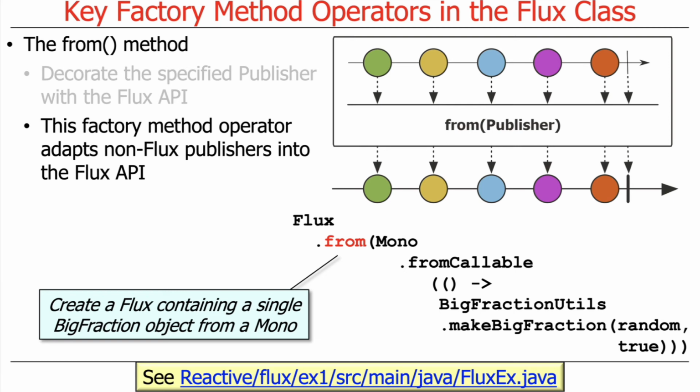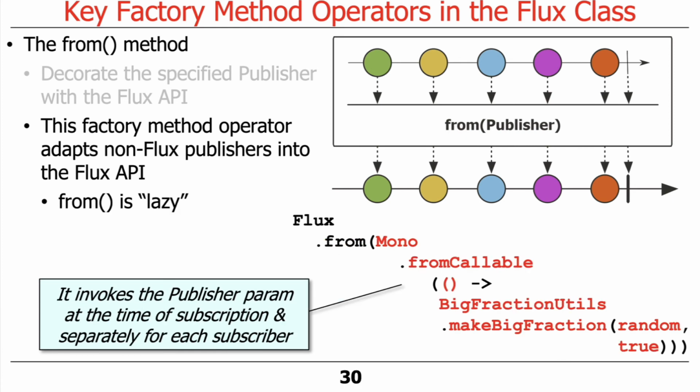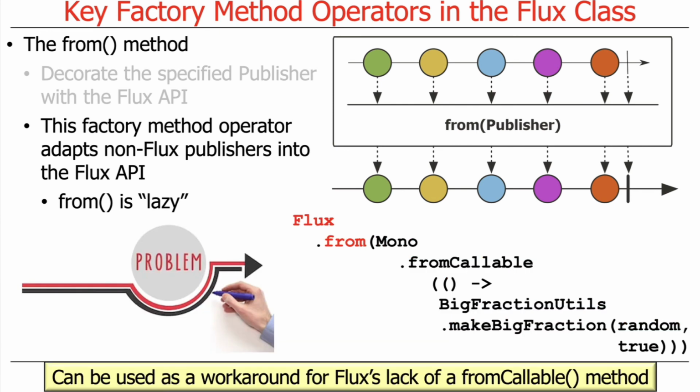So every time it gets called, for example, when different subscribers might join this particular flux, then we would get a different BigFraction made randomly, and Flux.from perpetuates that dynamic laziness. And therefore, every time this publisher is called, it'll potentially return a different value. In this case, it will, because it's a random number generator. But that gives you a feeling for how you can deal with this stuff.